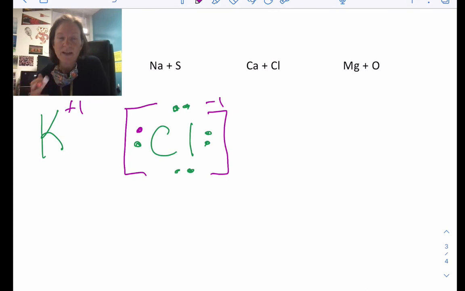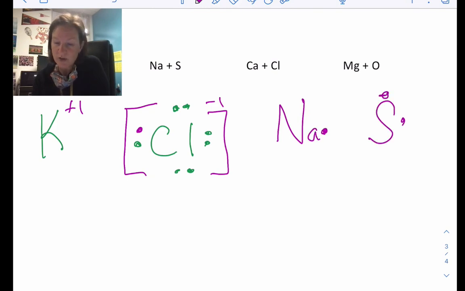Let me show you another example just to show where this heads. Sodium has 1 electron and sulfur is 6: 1, 2, 3, 4, 5, 6. So sodium again is going to get rid of its 1 and give it to sulfur. But right now, that's not enough. Sulfur is not happy because it needs 1 more electron right here in order to make an 8.